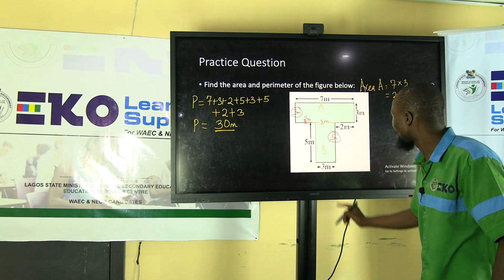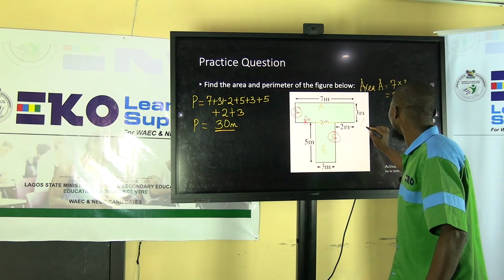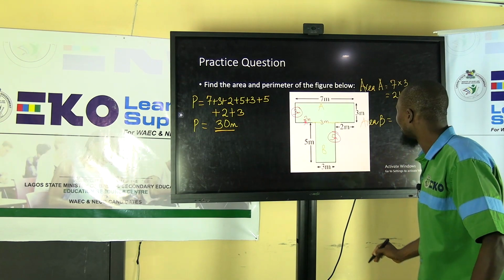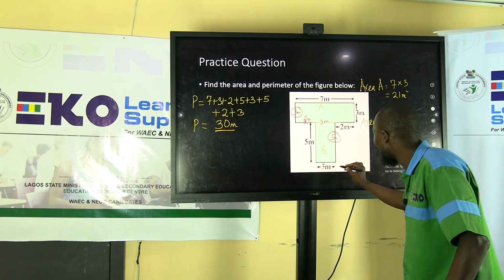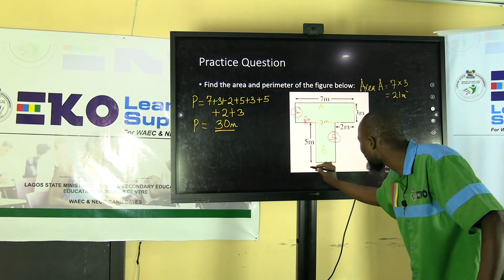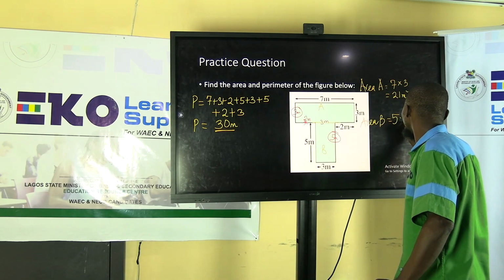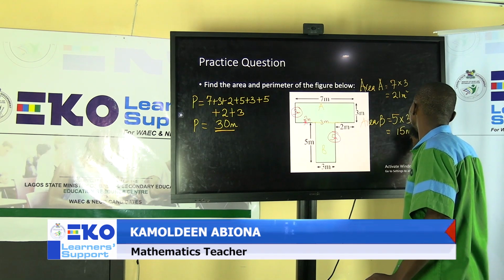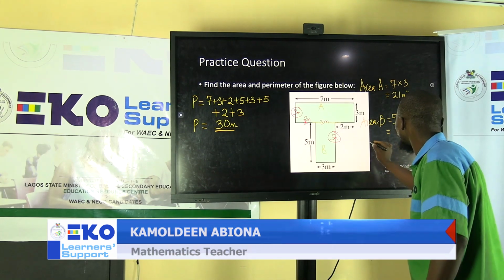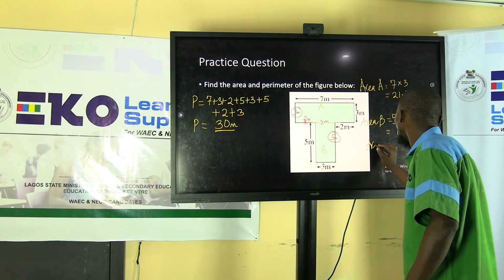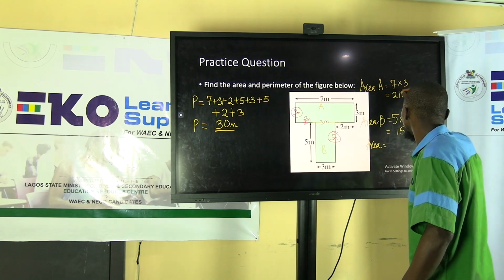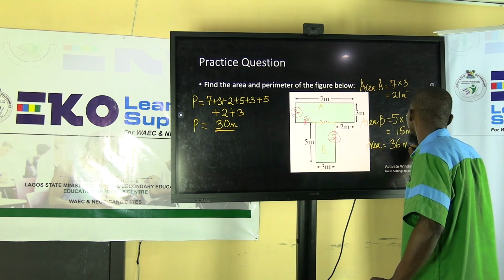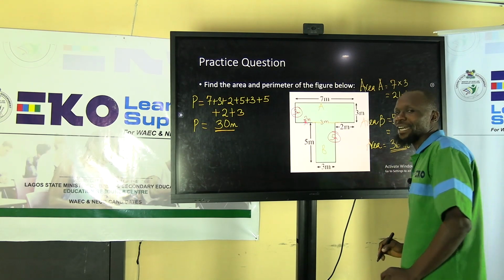The second one, region B, area B. That is length times breadth, 5 times 3, which is 15 meters squared. So then the total area will be addition of the two. If you add together, we have 36 meters squared. I hope you got that.